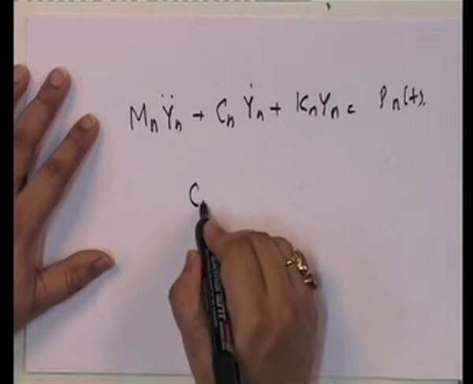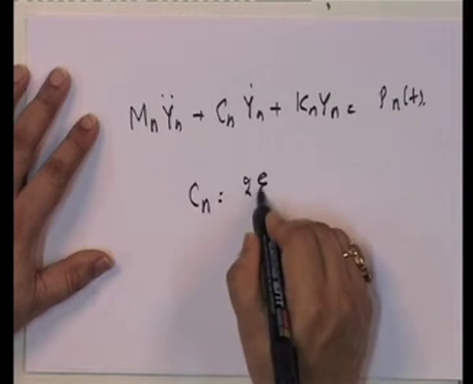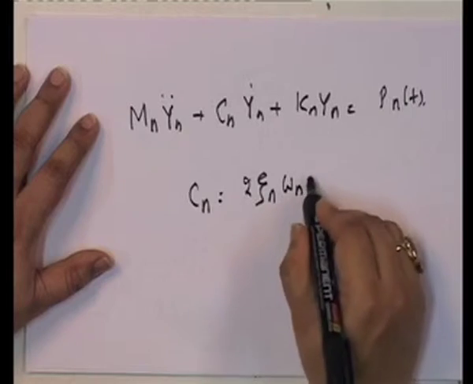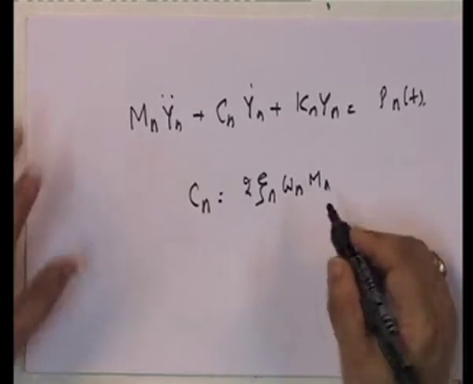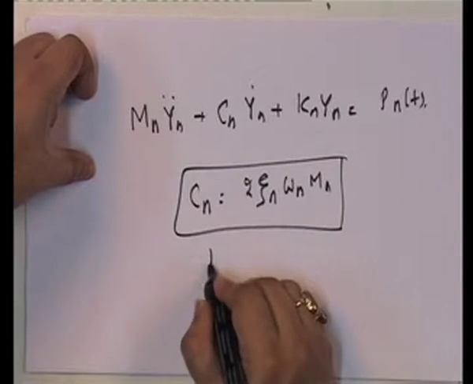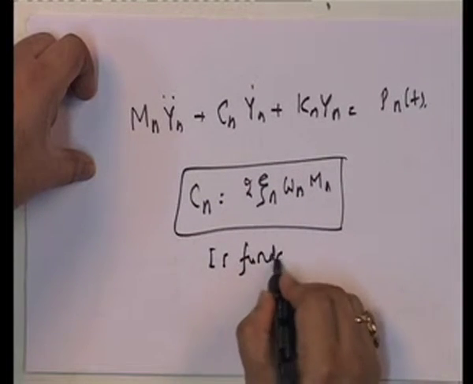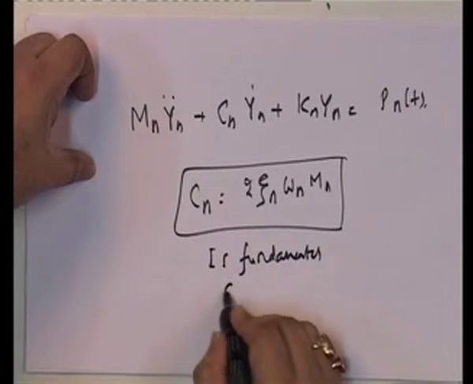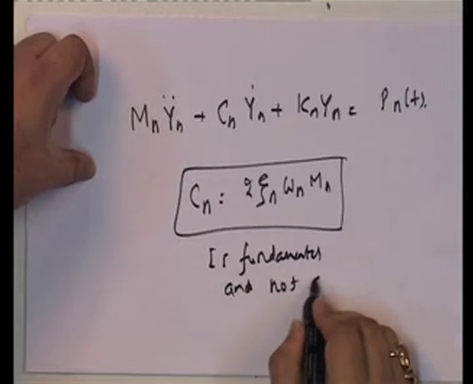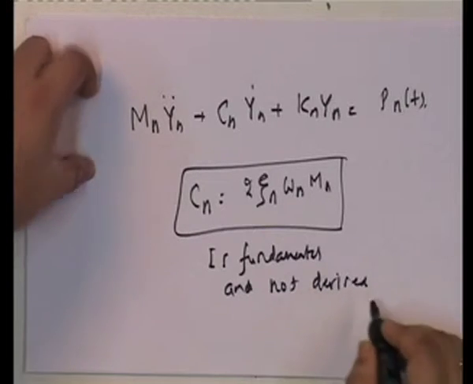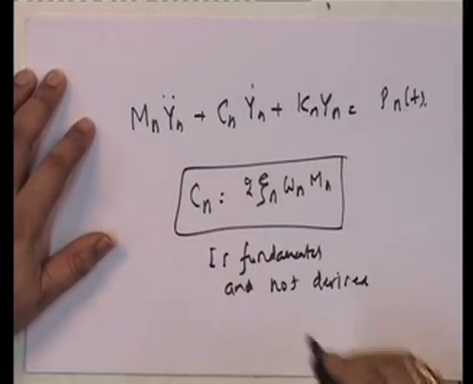However, we can say that Cn is equal to 2 xi omega n Mn. So, understand that as long as we make an assumption of this proportional damping, this is fundamental and not derived.